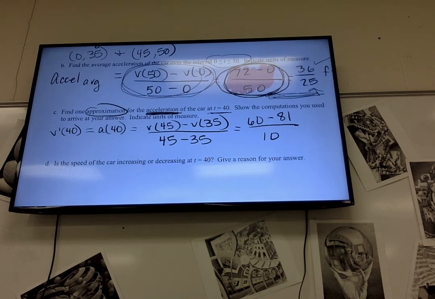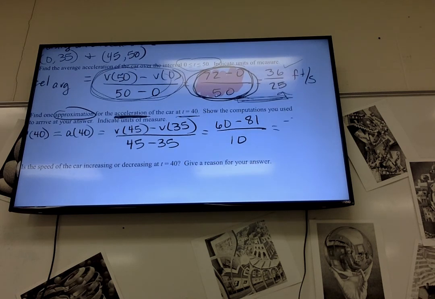That would be fine for an answer. If you left that on a free response question on the test, I would give it to you. I would also be totally fine if you reduced it. And let's see, the units would be feet per second. Oh, this should have been squared. The one up there was squared too because it's approximating acceleration.